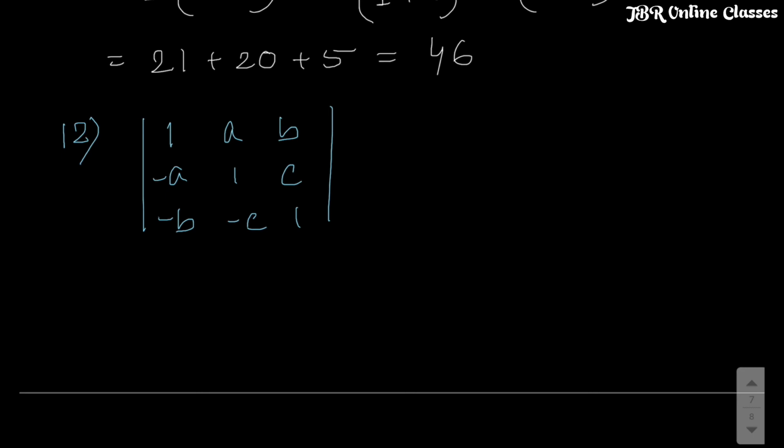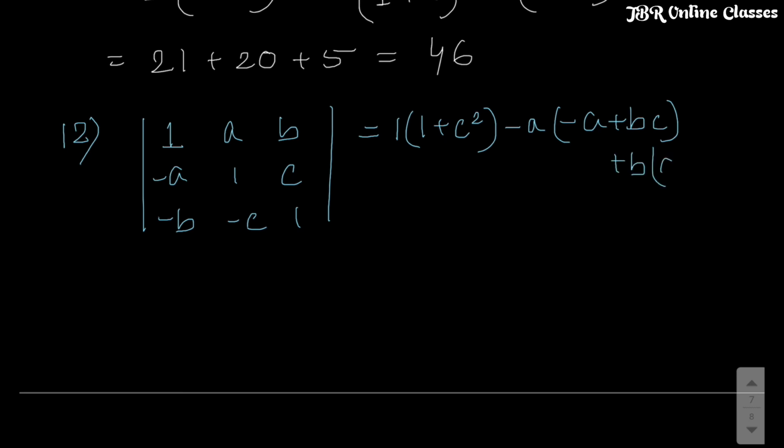So first you have to find out the value. For the first case, here 1, you multiply 1 and then it will be c square. Next one will be negative, so here a and then minus a plus bc, and the last one will be plus b and then ac plus b.